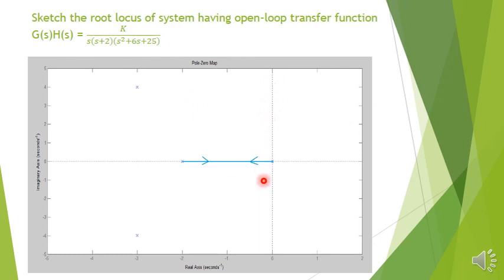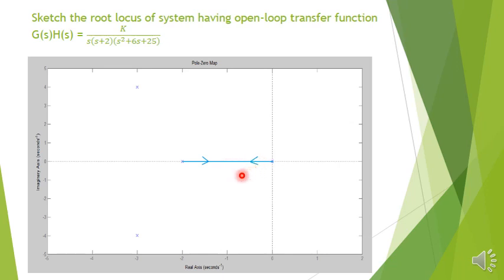So this is the s-plane, with imaginary axis and real axis. The 4 poles are s equal to 0, s equal to minus 2, s equal to minus 3 plus j4, and s equal to minus 3 minus j4. Based on rule number 3, we find the part of the real axis that is part of the root locus.